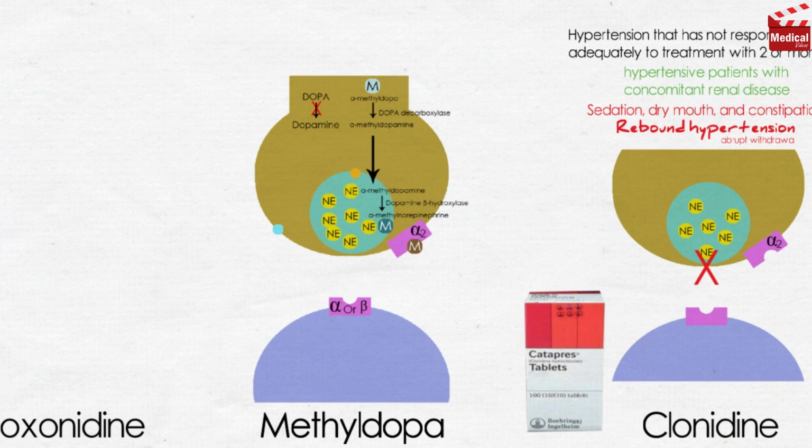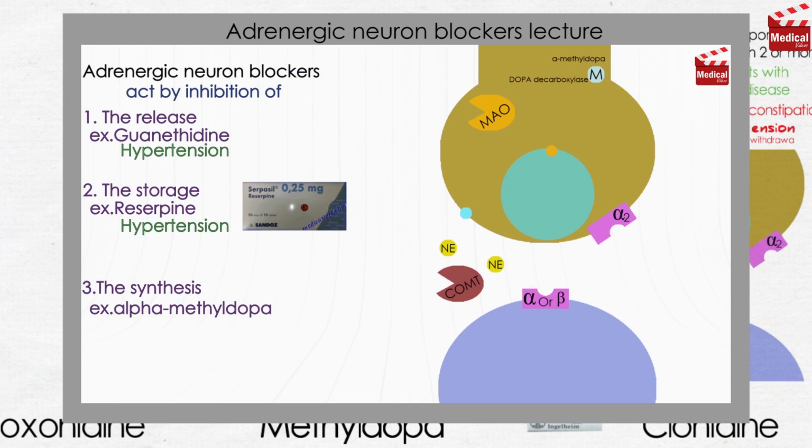Alpha-methyl Dopa acts by inhibition of Dopa decarboxylase enzyme, which converts Dopa into dopamine. And as we know, dopamine is a precursor for norepinephrine and subsequently epinephrine. This inhibition results in reduced dopaminergic and adrenergic neurotransmission in the peripheral nervous system. It is converted to alpha-methyl norepinephrine by dopamine beta hydroxylase.